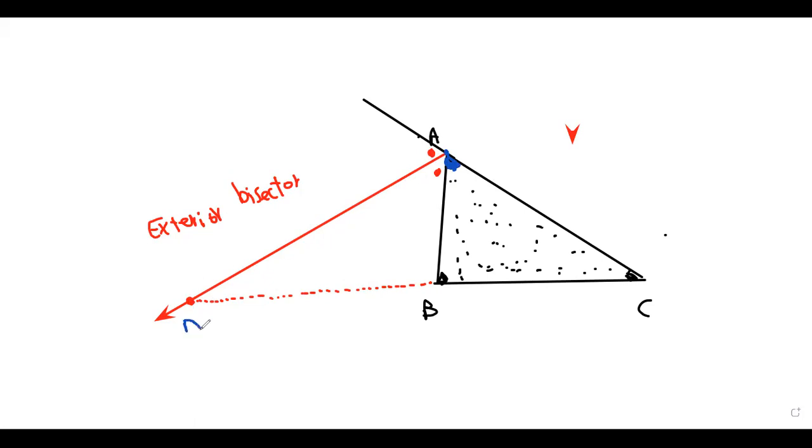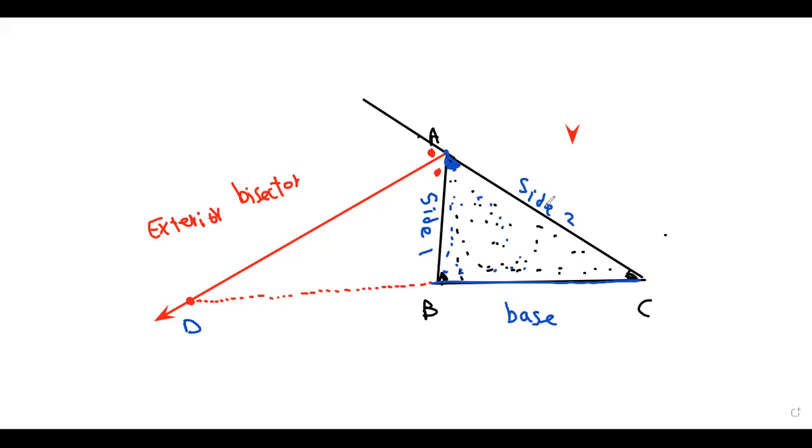So you should know the angle, the bisector, and the triangle. This is the triangle, and the base is BC. This is the base. We can say that this is side 1 and this is side 2.